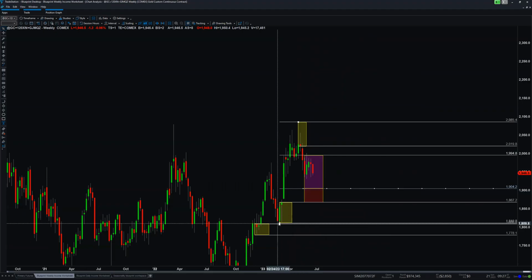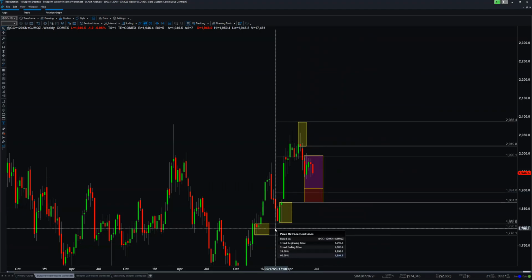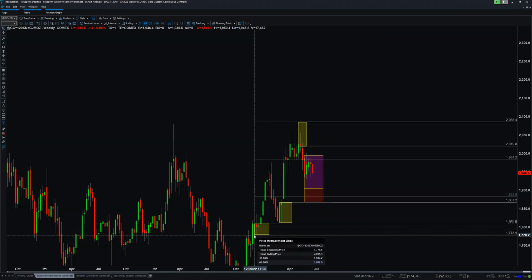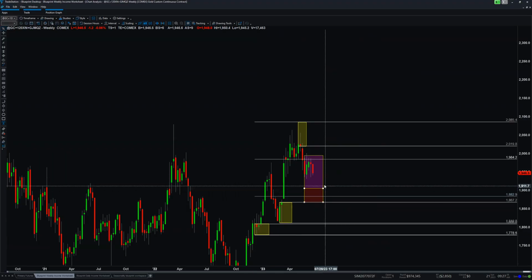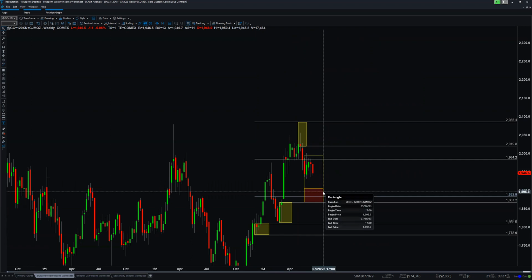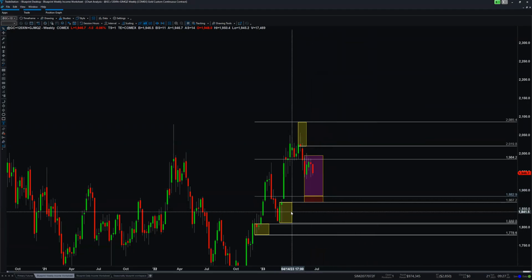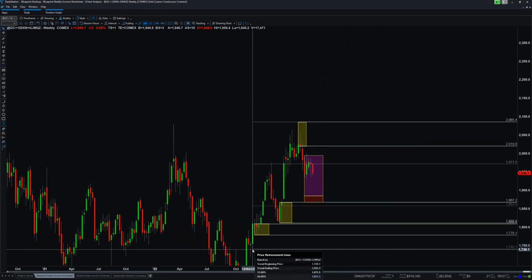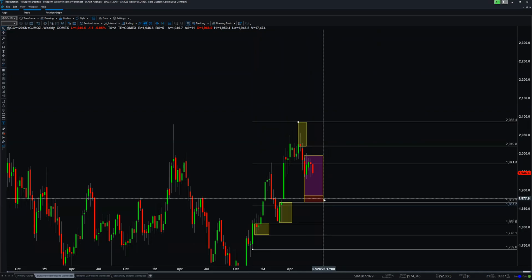Now, the problem is, if I'm now going to put my area here or even lower, then all of a sudden it changes my equilibrium and it changes my low. So in this case, we're not reaching the very low, but if we were to go lower, it would continue to skew our picture.